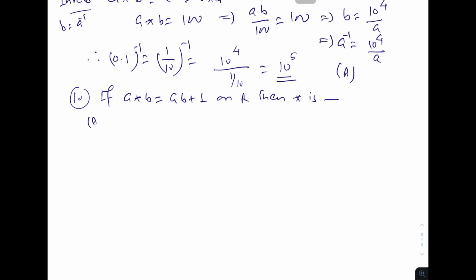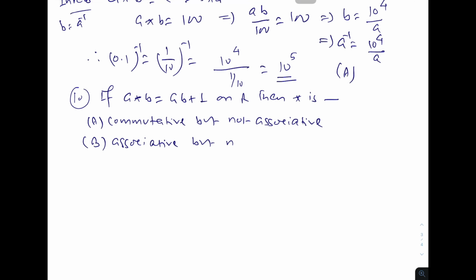The options are: commutative but not associative, say associative but not commutative. So these are the kind of options, both associative and commutative.